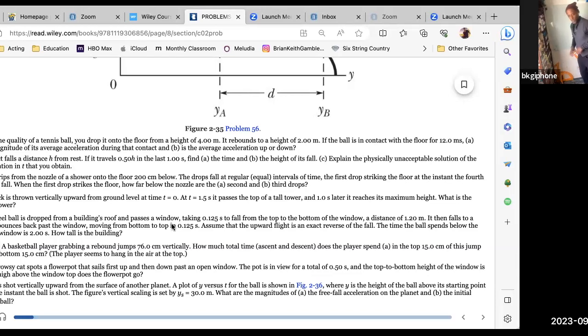So explicit information, I might break this up into three categories of information: the information before the ball gets to the top of the window, the information in the window, and the information from the window down to the ground. Just in my mind, that's just how the information is organizing itself.